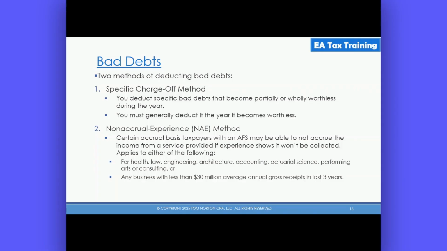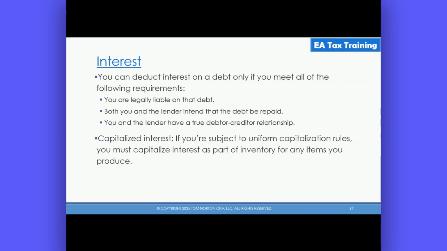Actually, what they do is they just don't count into income 3% of their revenue because they assume it is not going to be collected. So if you do the non-accrual experience method, you're just going to take that same percentage of your sales every year, and then as specific debts go bad, they just go bad, and that's just part of your doing the business.